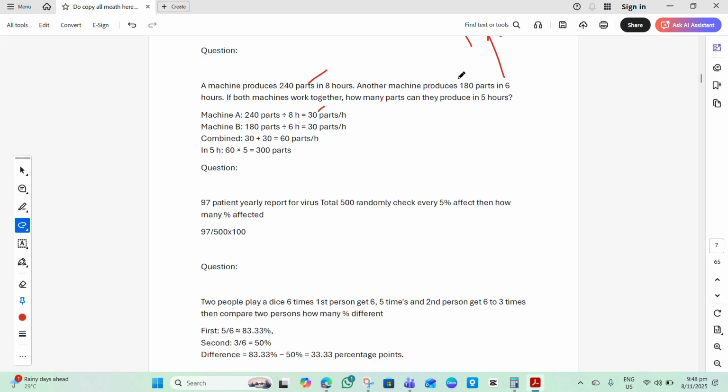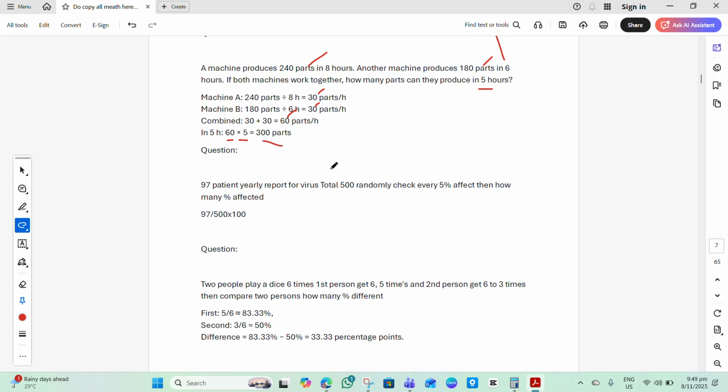Then this one also divided by 6, we get 30 parts. So total is 60 parts. The question is asking how many parts the products produce in 5 hours. So multiply 60 by 5 is 300 parts.